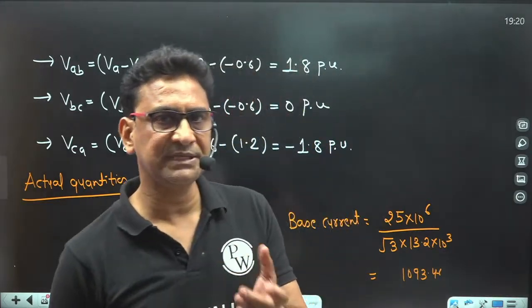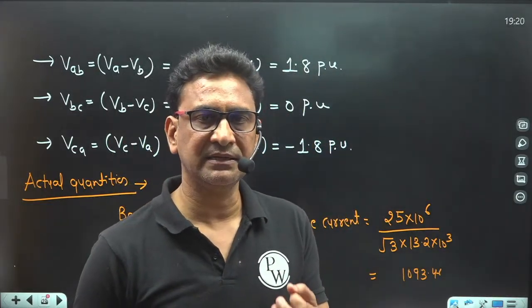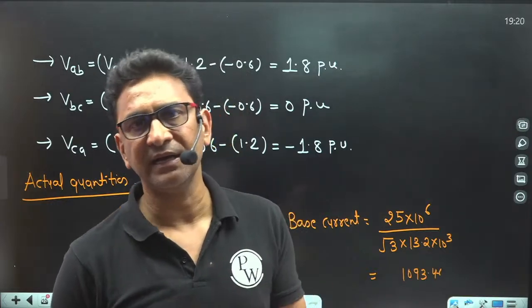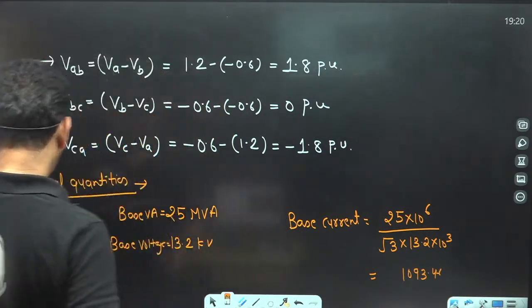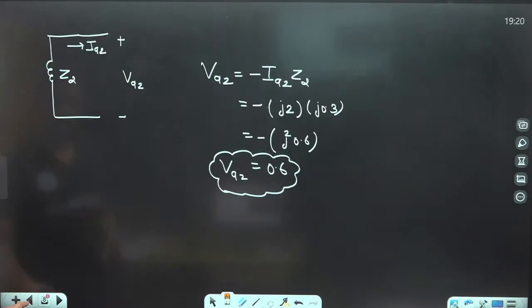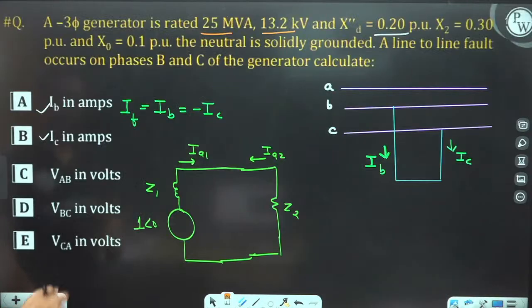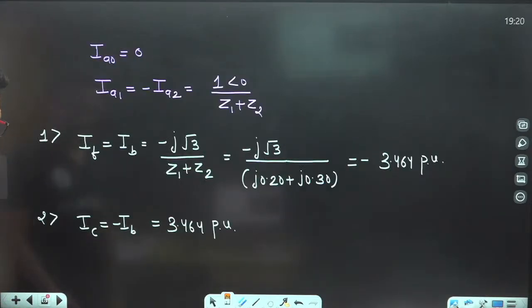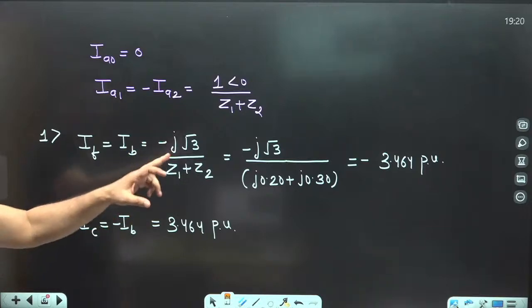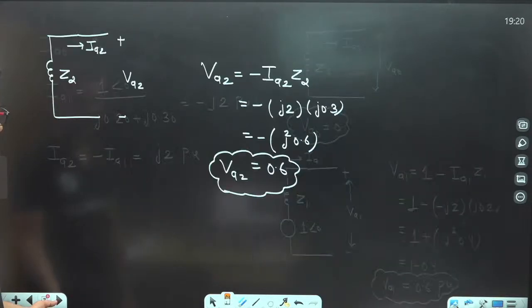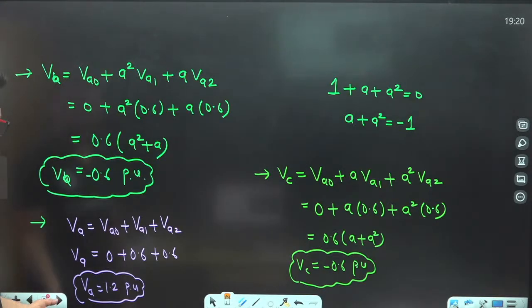Once you have the base current, multiply the pu current with the base current, and you will get the actual value of current. So you have to find out the actual values of IB and IC in terms of ampere. We already got IB and IC in terms of pu, that is 3.464. One is negative and one is positive, but the magnitude is the same, 3.464.